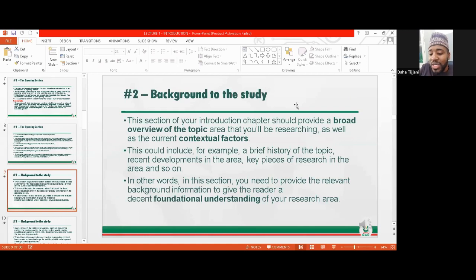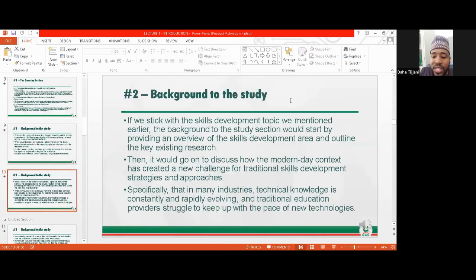Okay, so what specifically needs to be there is that if we stick with the example that was given about the skill development topic that was mentioned earlier, the background of the study will start by providing an overview of the skill development area and then outlining key recent research that has been done. What were the findings of those research?